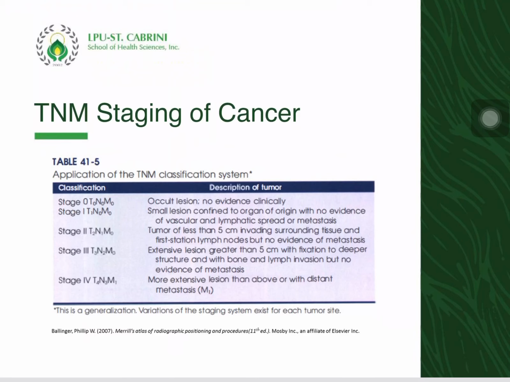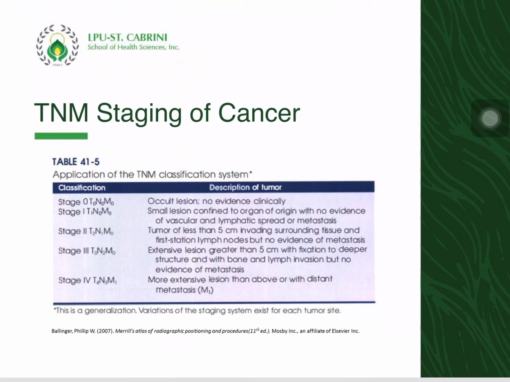For stage 1, there is a small lesion, as you can see on the classification. Beside T, meron tayong number 1. And for nodes, 0. And for metastases, 0. So again, the description is small lesion confined to organ of origin with no evidence of vascular and lymphatic spread or metastases.